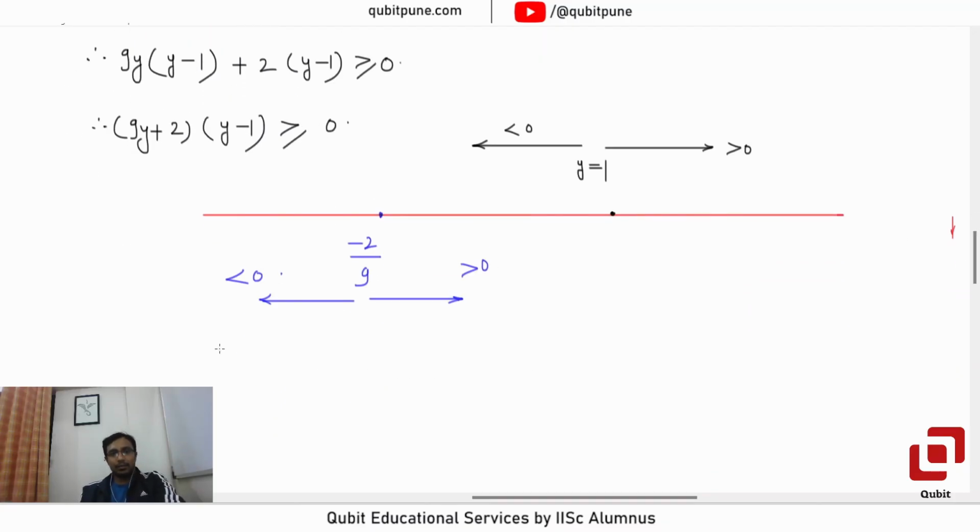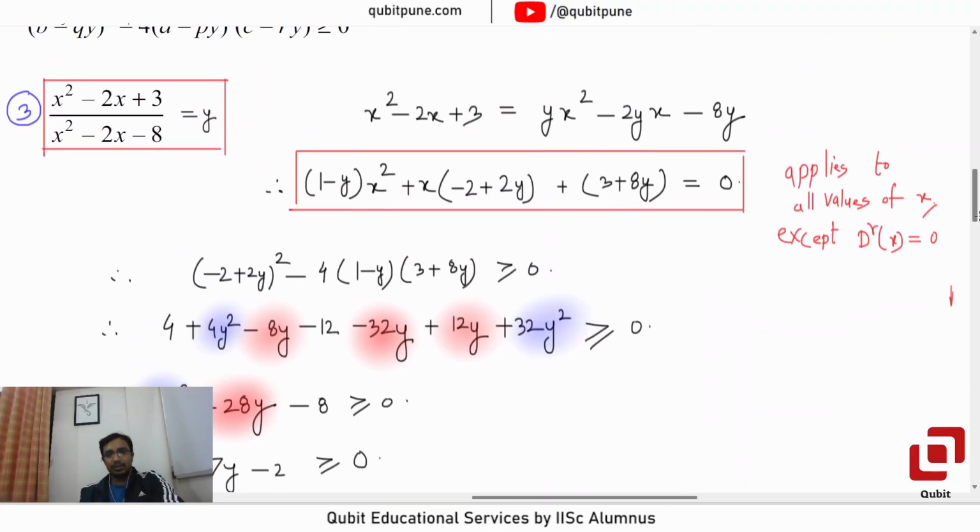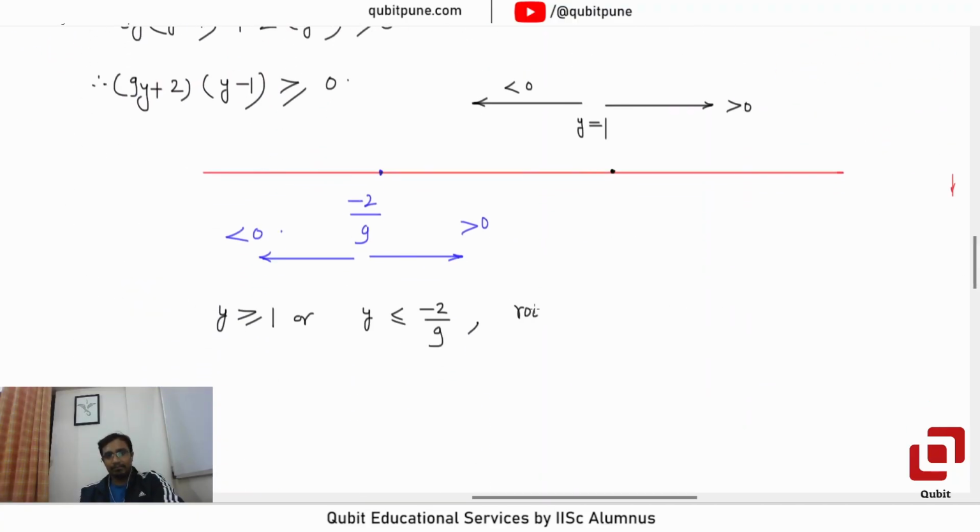Now when y is greater than or equal to 1, or y is less than or equal to negative 2 by 9, the roots are real. What does that imply?